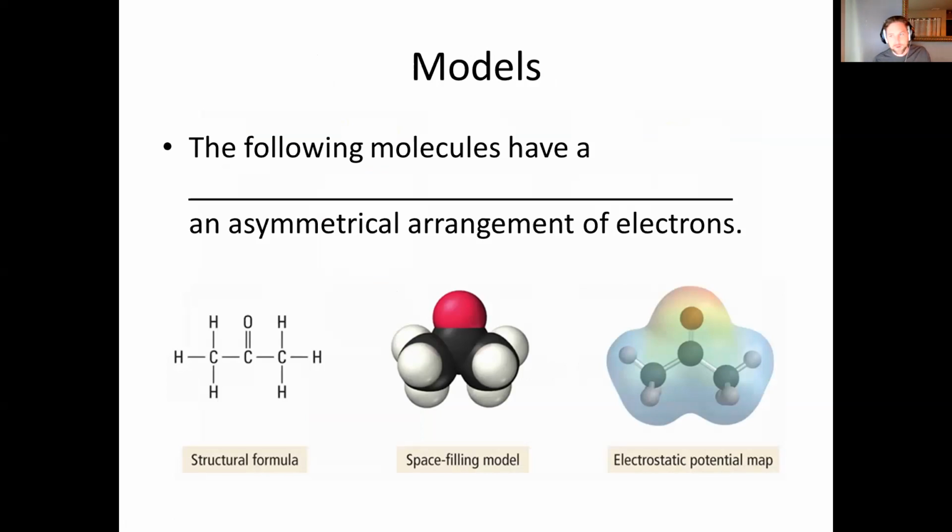Anytime you have an uneven arrangement of electrons or a lopsided molecule, that follows the word asymmetrical, and that generally yields dipole forces or a dipole moment. So all of them are going to have a dipole moment in the direction of the most electronegative atom, or the most lopsided side.